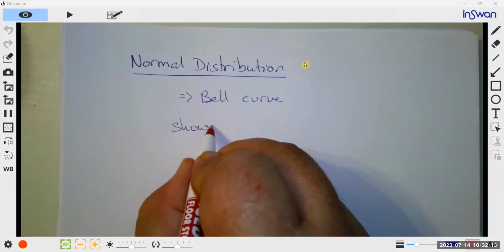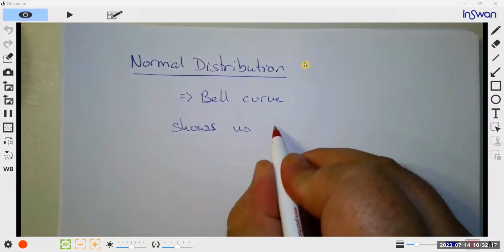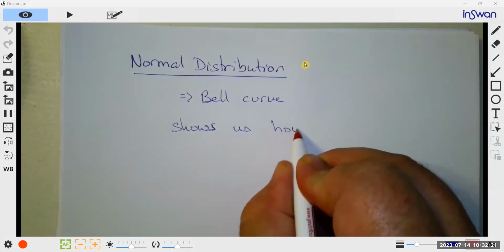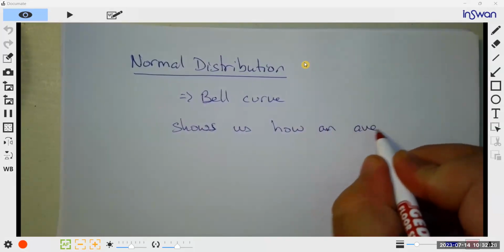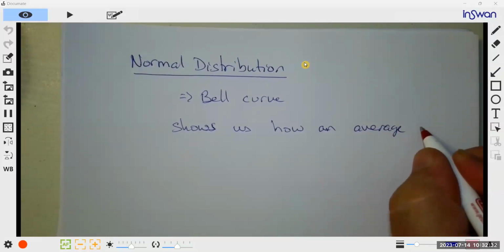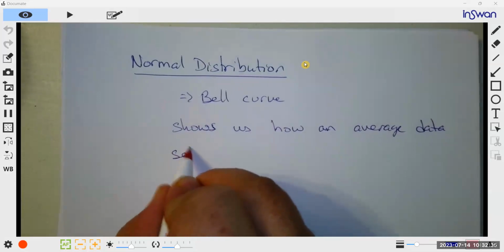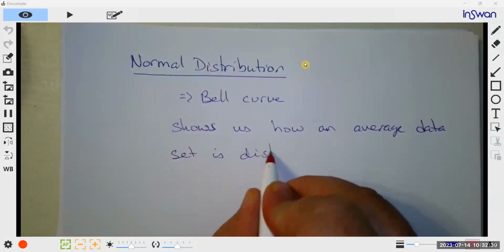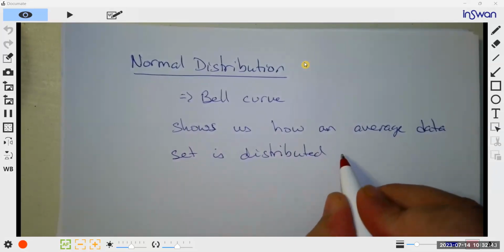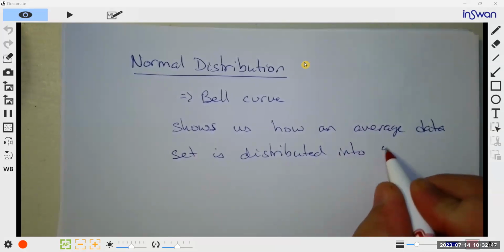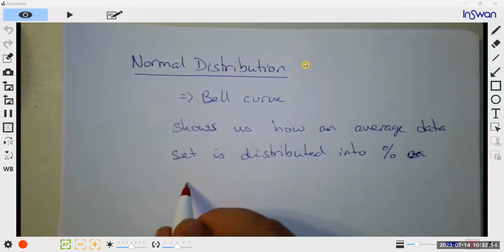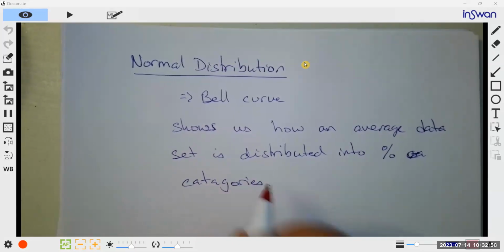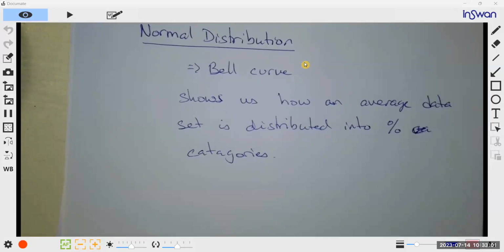It shows us how an average data set is distributed into percentages, percent categories. So again, the bell curve, if it's normally distributed, it looks like this.